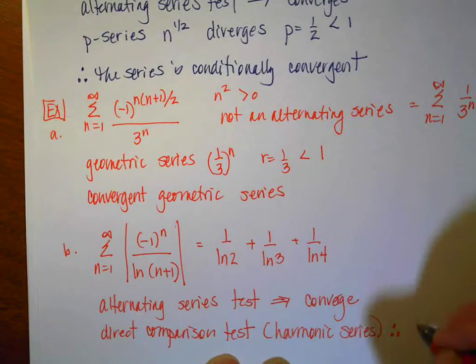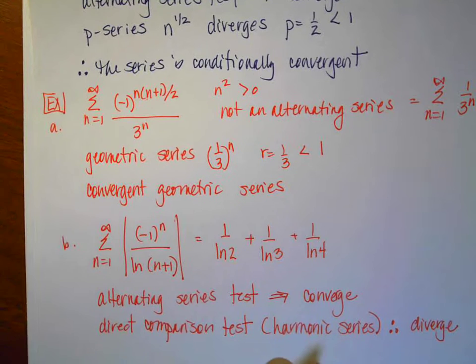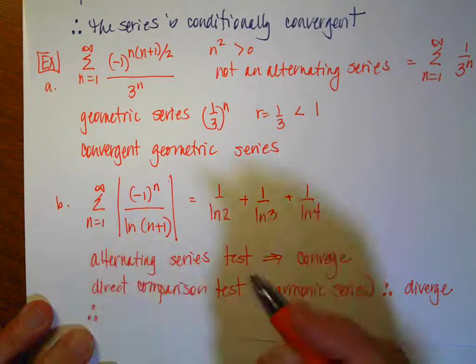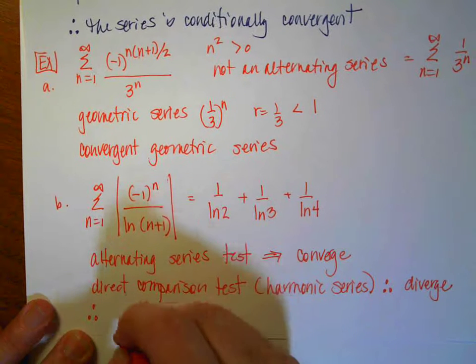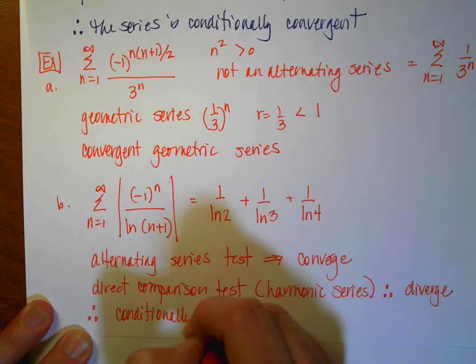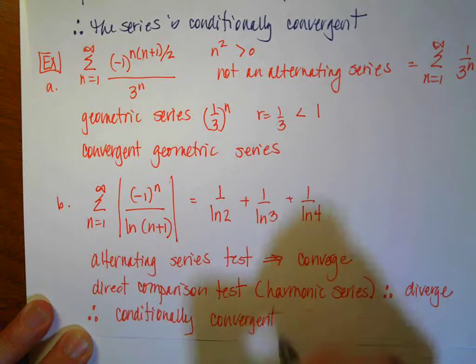Then this one is going to diverge. Well, that's a bummer. Since one converged and one diverged, then we would say, therefore, this particular series is conditionally convergent.